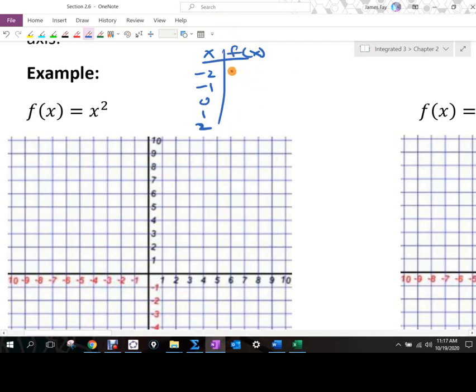And when I square them, they're pretty easy to square, right? So then I'm going to plot 0, 0, 1, 1, 2, 4, negative 1, 1, negative 2, 4. Even if you want to go a little bit further, you can go 3, 9, and negative 3, 9, that's fine.